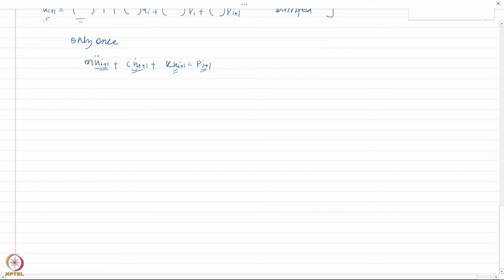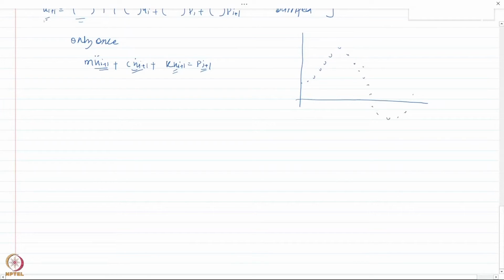You can put this inside a for loop that goes over a certain number of iterations, and then you can get the response. Starting with some initial condition, the response you get is at the discretized points.